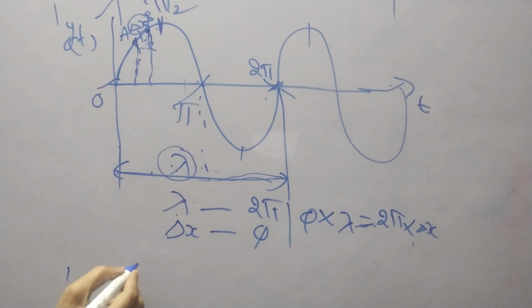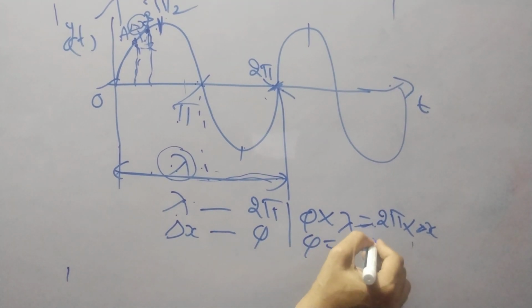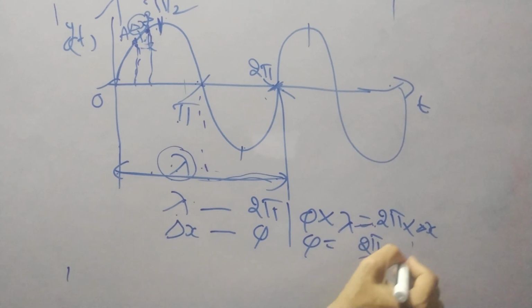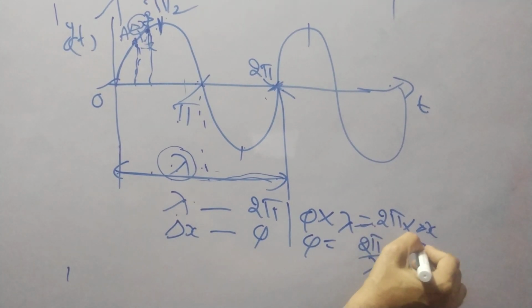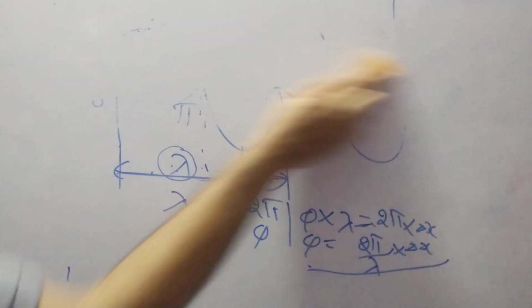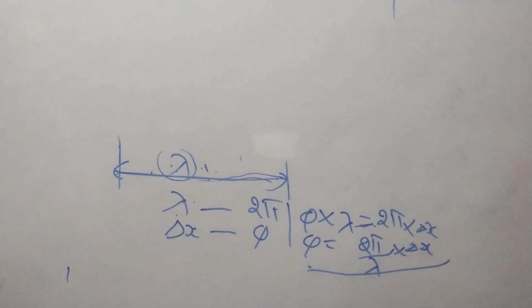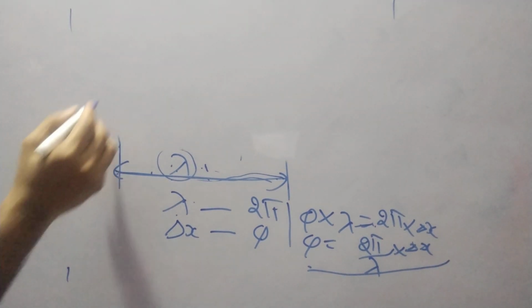So what is phi here? Phi is 2 pi by lambda into delta x. So this is the actual formula for a phase difference, right? So for a phase difference, what is the formula?